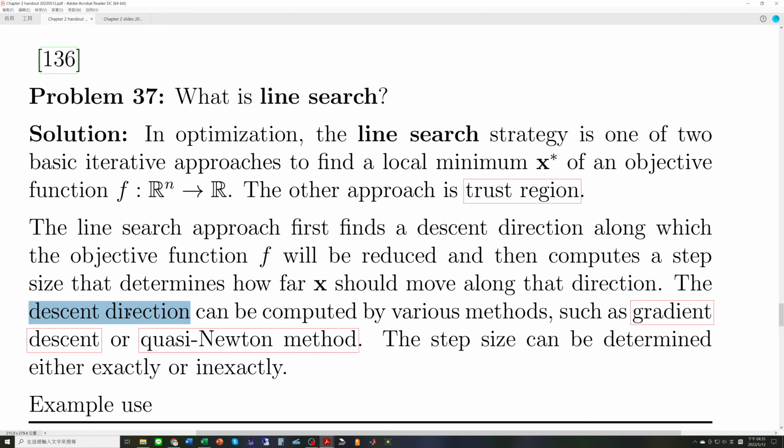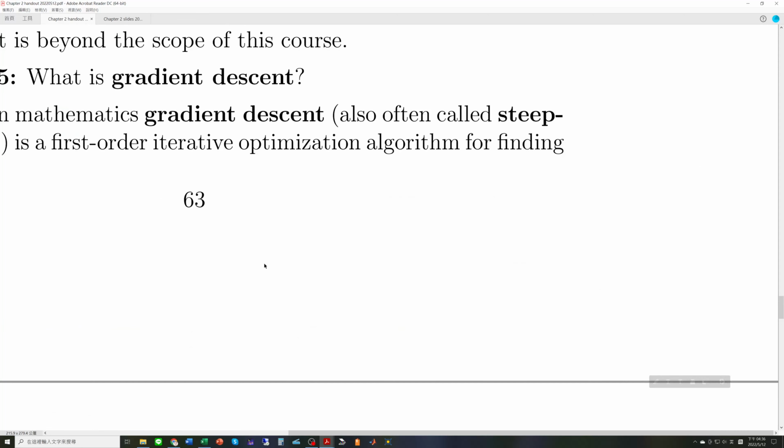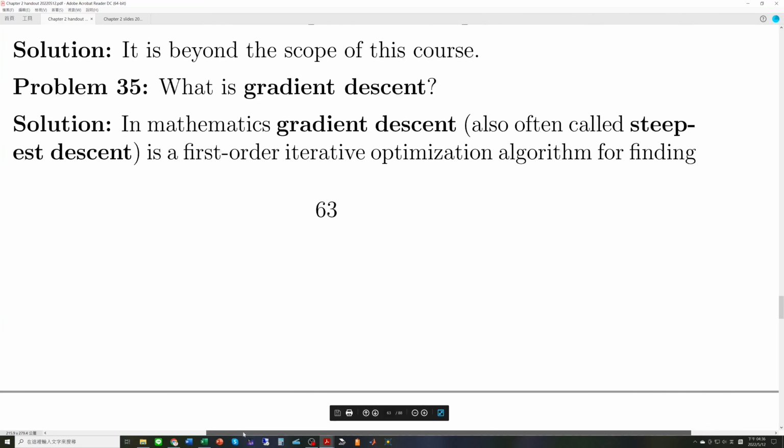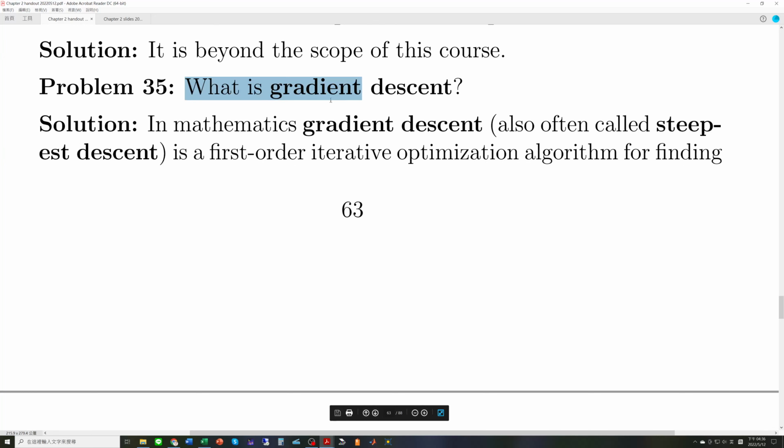The descent direction can be computed by various methods, such as gradient descent. We have introduced what is gradient descent in problem 35. If you forget, please review the solution to problem 35.